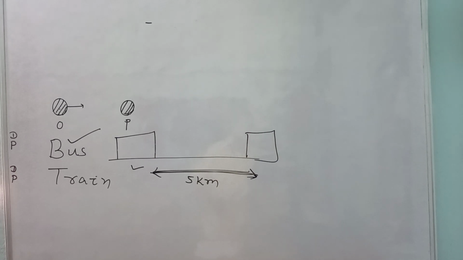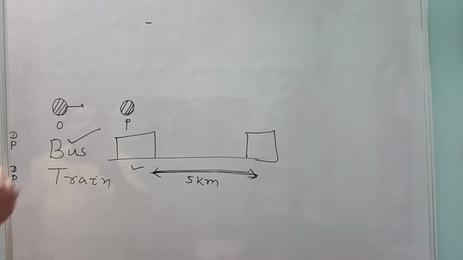So since our chapter is motion in a straight line, motion you know, straight line you know, point object you know, and also you know what is kinematics. In kinematics, we have to see what is position, distance, displacement, like that.